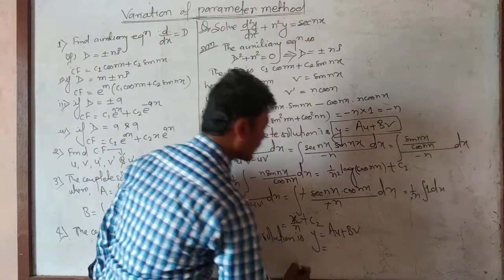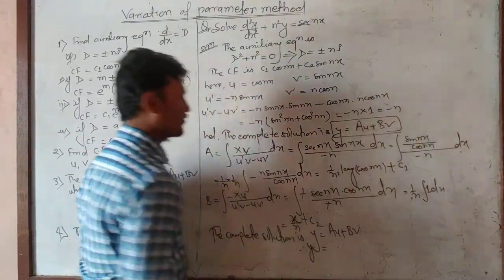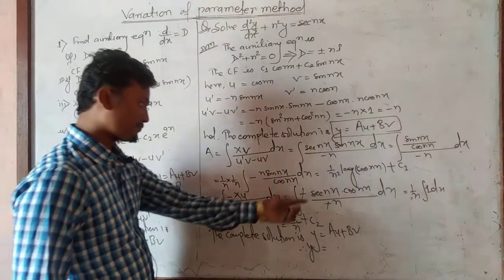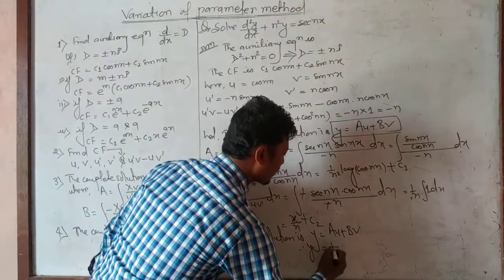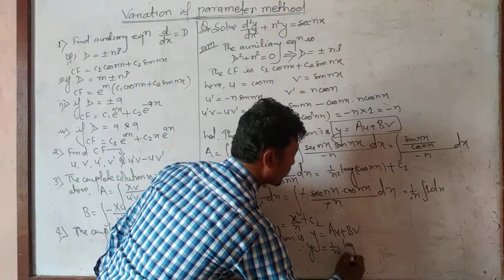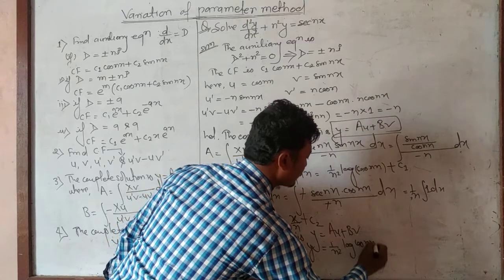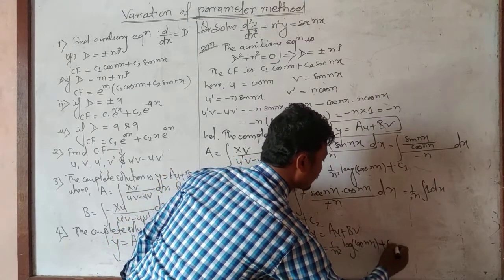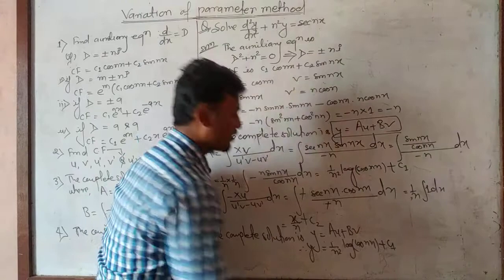The value of a is 1 by n square log cos nx plus c1, and this is the value of a.